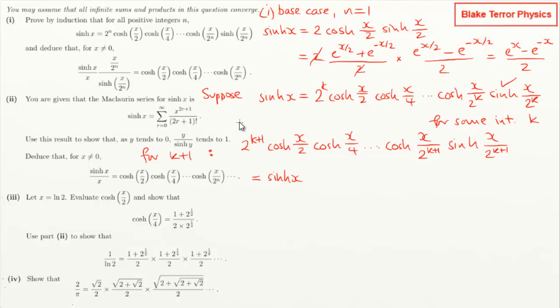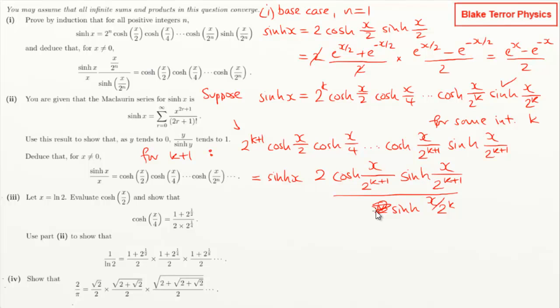We've added in this 2 at the front, and then we've added in this cosh term, cosh(x/2^(k+1)), and swapped in a new sinh term. That's our new one, and that is the old one that we've got rid of.